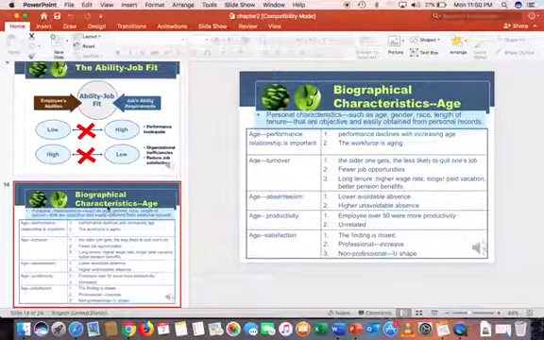Age. Why is age important in individual behavior? Because it plays a vital role. Younger people are energetic and innovative, and they have good energy to do activities, and they are prone to changes and can easily adapt to change.